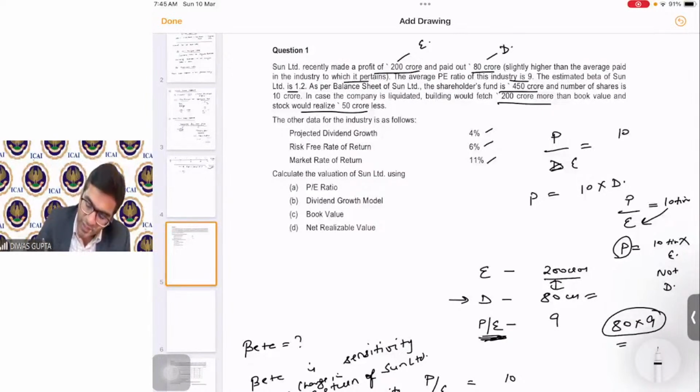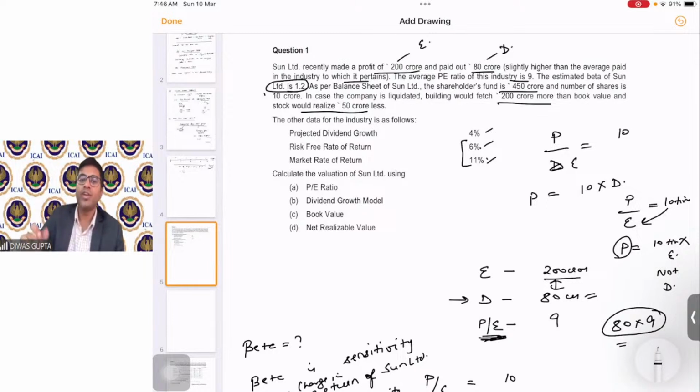So students, wherever you get a combination of this and beta, one thing is very clear, somewhere or the other, we might need to use the capital asset pricing model, CAPM. Okay. Because you have been given risk-free rate of return, market rate of return, and beta.